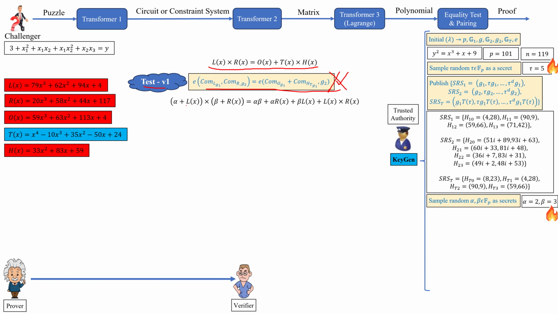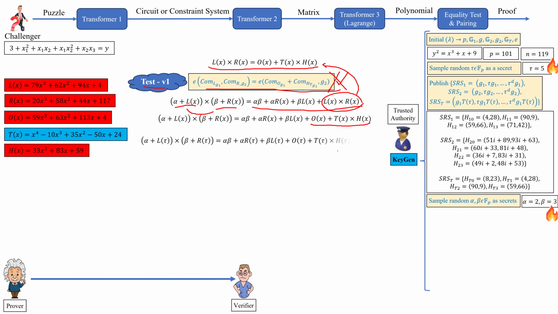We want to add L of x by alpha and add R of x by beta, and then multiply these two terms to each other. You have this one. Now we replace this part from this formula. So we have L of x multiplied by R of x replaced by O of x plus T of x multiplied by H of x.